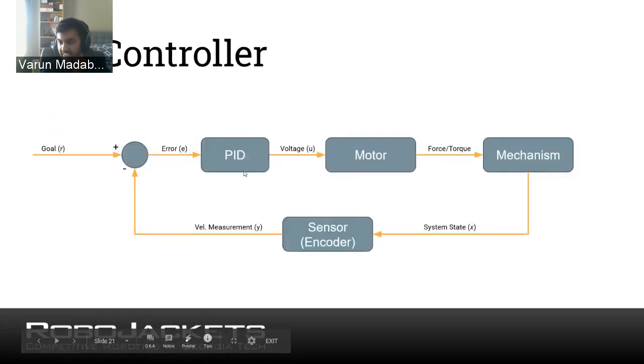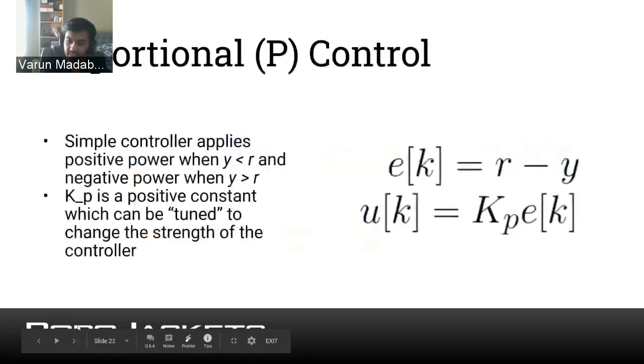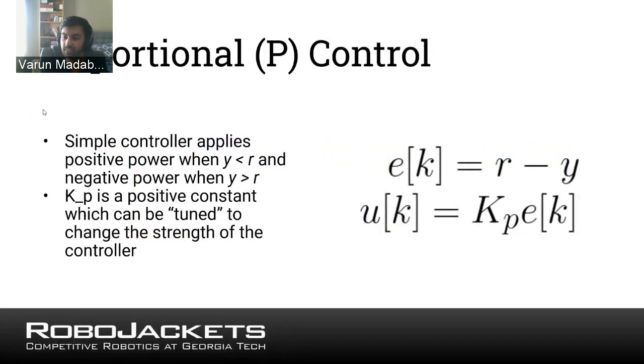So PID is essentially a formula of what voltage to give when you're given a particular error. So let's talk about if PID were just P, proportional control. In proportional control, the error signal, you multiply it by a constant called Kp, and that's going to be your voltage that you send to the motor. So proportional control is very simple.